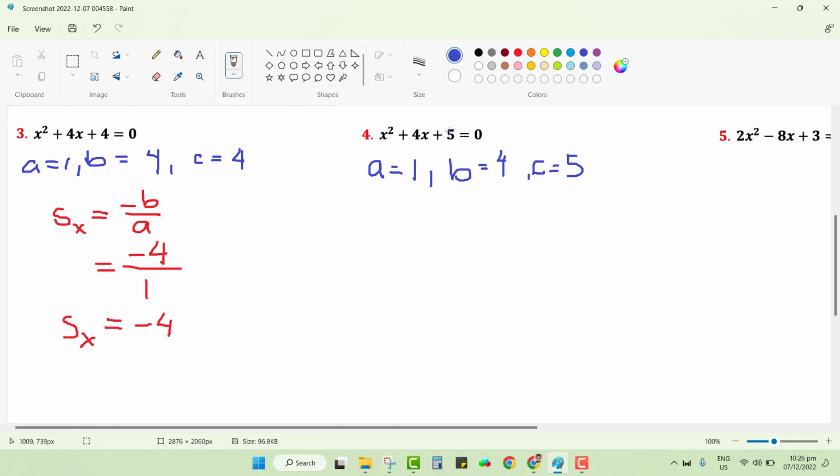In short, we are expecting to use the same a and b coefficients, and we are expecting that the sum would be the same for both number 3 and number 4. So let's continue this. You have the negative of b, which is 4, over 1, which will give you the same value for the sum, which is negative 4. See, we have the same results even if the constants are not the same, since the coefficients to be used are just the same for both numbers.